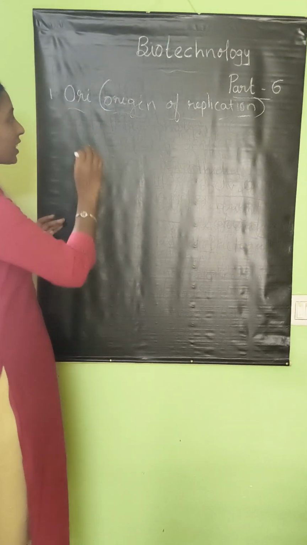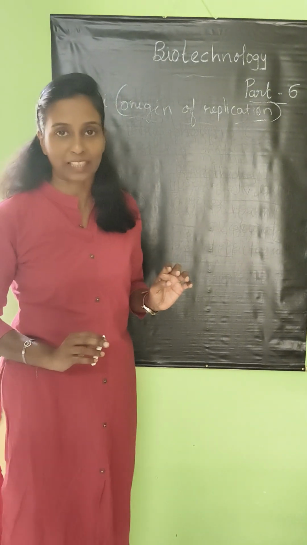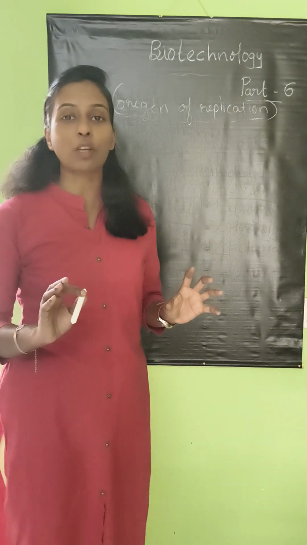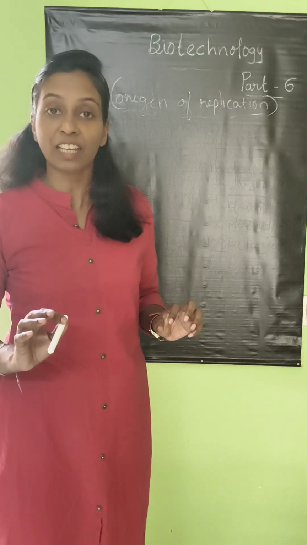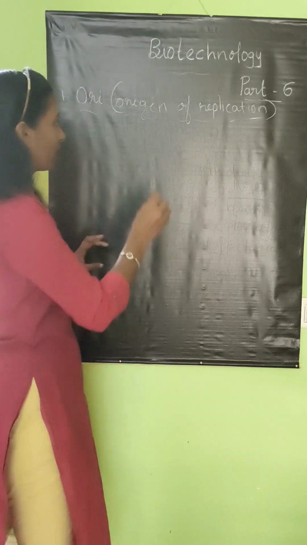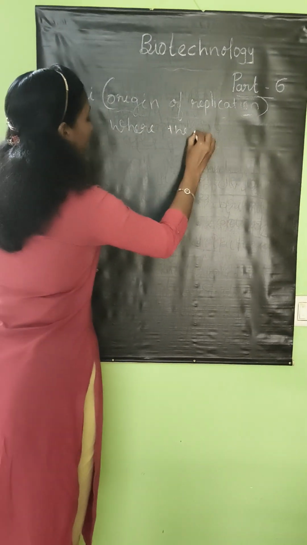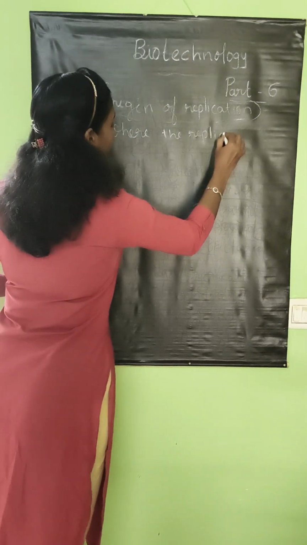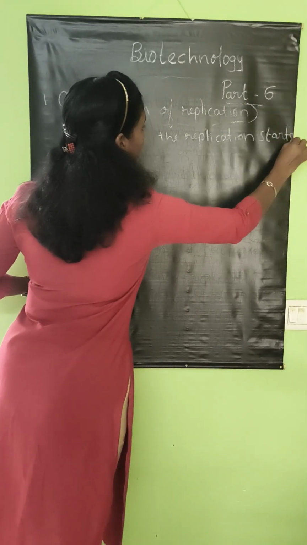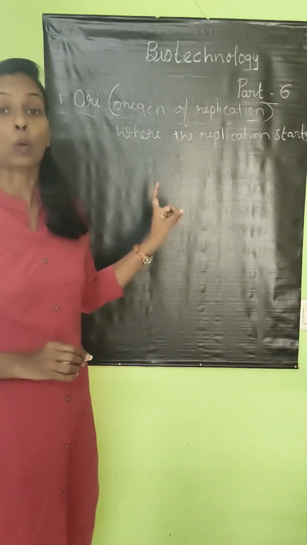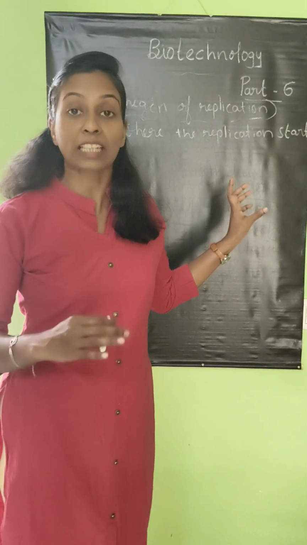The first feature is ORI, or origin of replication. As we know, it's a sequence of DNA where the replication starts. It is also used to control the copy number, that is, how many copies are made in cloning and replication.